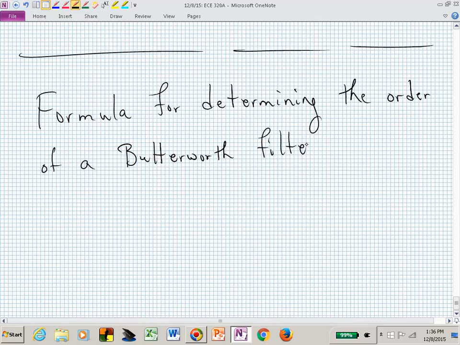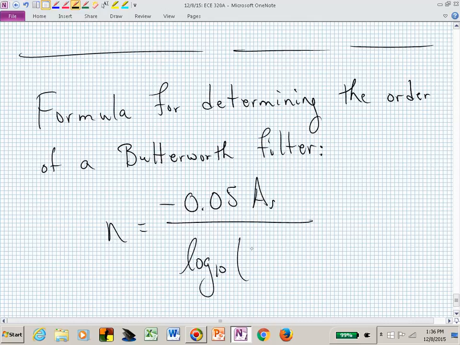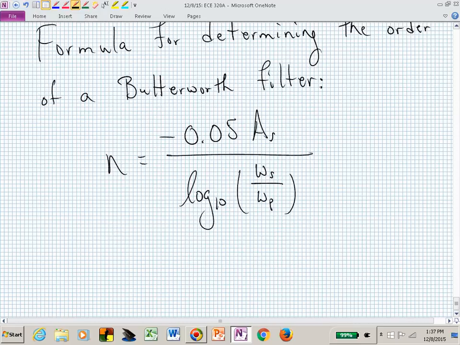Hopefully you can fit it. And that says the filter order N is minus 0.05 times the attenuation into the stop band, that's the A sub S, times log base 10 of the stop band frequency over the pass band frequency. So we just need to know omega sub P, omega sub S, and A sub S.